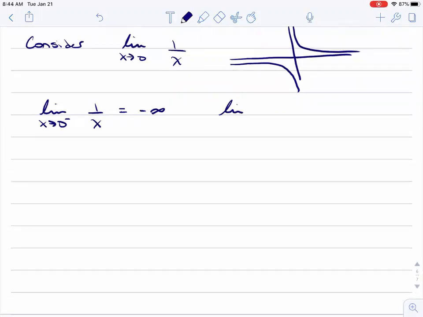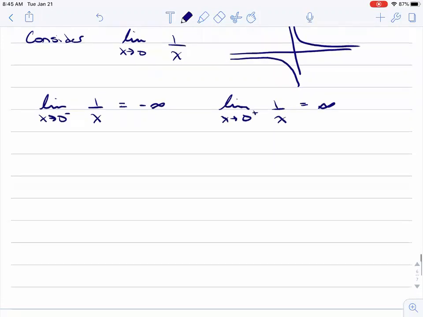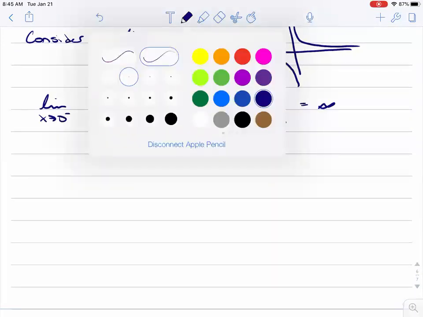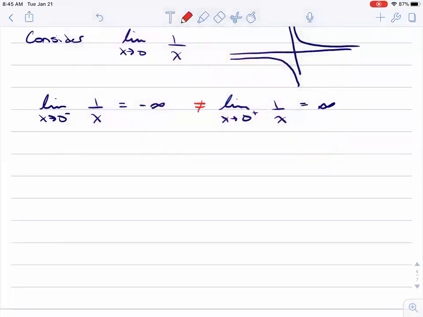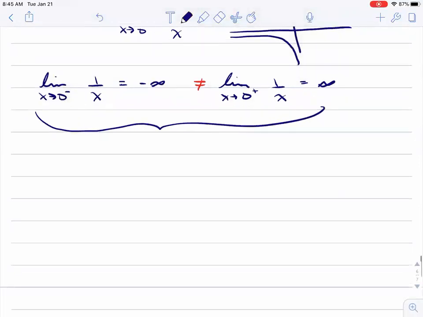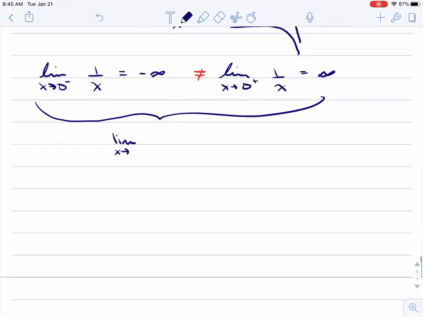And the limit as x approaches 0 from the right of 1 over x, well, from the right, we're going up towards positive infinity. And because these two are not equal to each other, right, the limit as x approaches 0 overall of 1 over x does not exist.